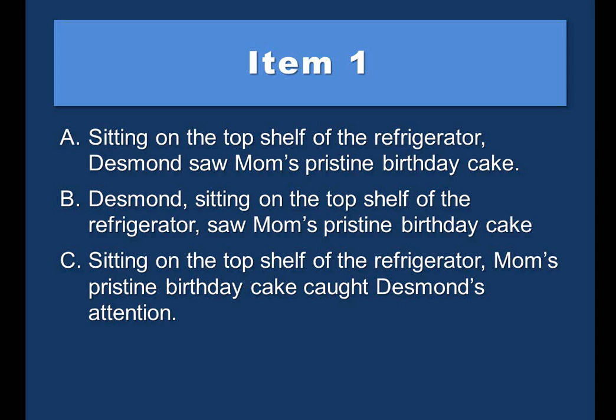B. Desmond, sitting on the top shelf of the refrigerator, saw mom's pristine birthday cake. It's the same problem again. Desmond is not sitting on the top shelf of the refrigerator. Choice C now. Sitting on the top shelf of the refrigerator, mom's pristine birthday cake. Now that's correct. Caught Desmond's attention. Choice C should be the answer, which is free of all the errors of misplaced and dangling modifiers.